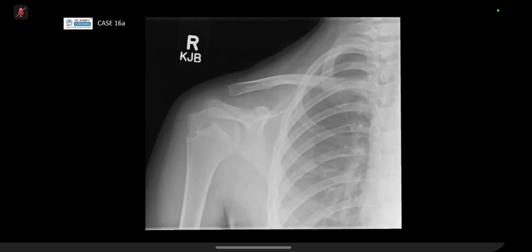Yeah, this is a right shoulder X-ray for a skeletally immature patient. Okay, I'm looking at the bone to check if there are any bone abnormalities.